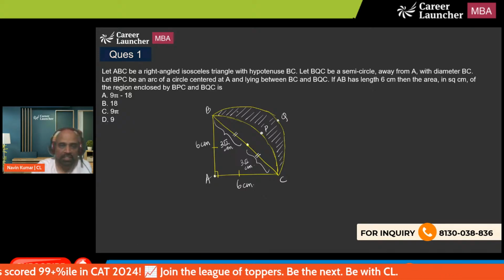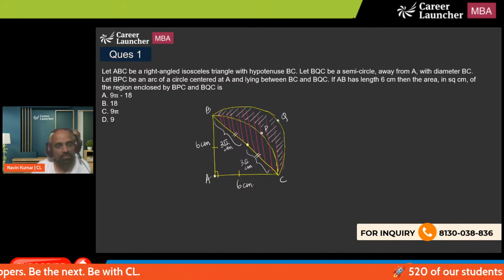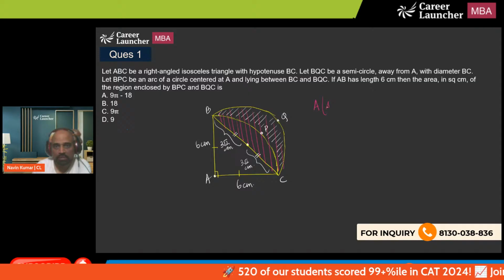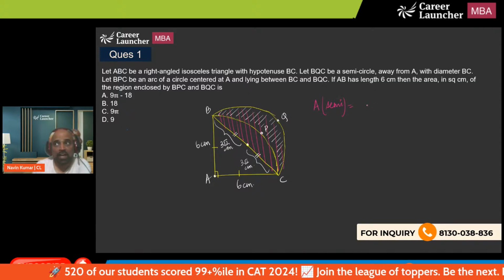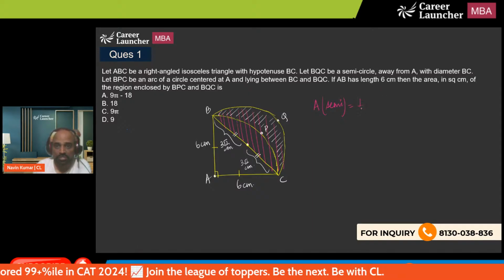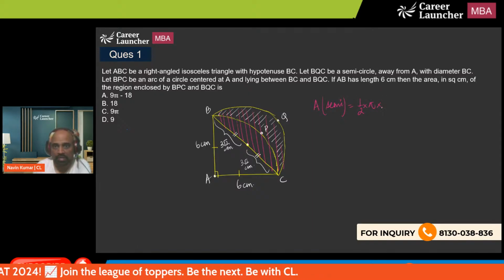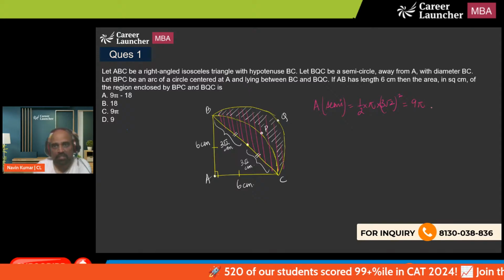So in order to get to the answer, what we can do is calculate the area of this semicircle. So area of that semicircle is going to be half the area of the entire circle with radius as 3 root 2. So this is half times pi into 3 root 2 whole square, which if we solve is going to give us 9 pi centimeter square.